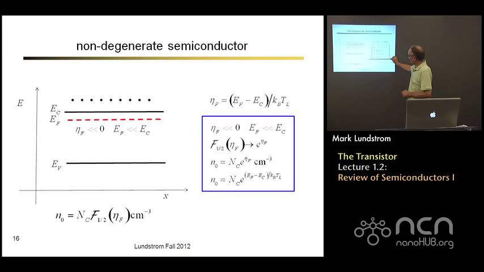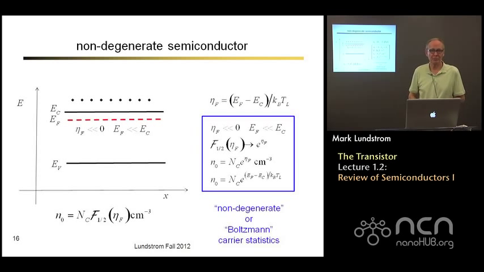So we get a very simple expression that just says that the electron density is exponentially related to the distance between the bottom of the conduction band and the Fermi energy. The higher the Fermi energy, the more the electron density is. So this assumption would be called non-degenerate carrier statistics or Boltzmann carrier statistics. It makes life simple. We will use it frequently.